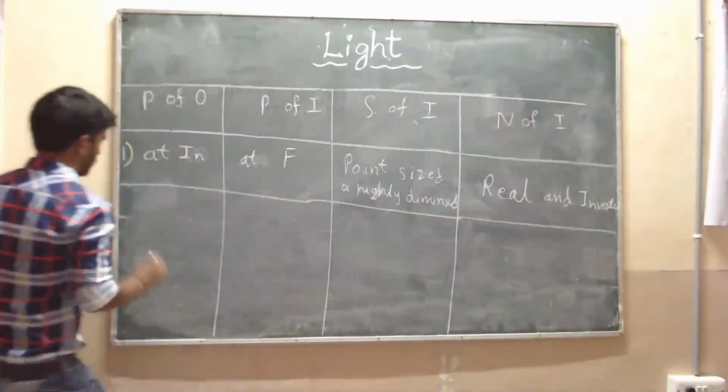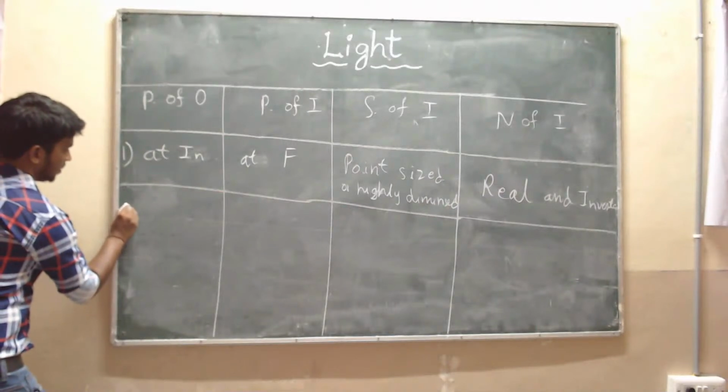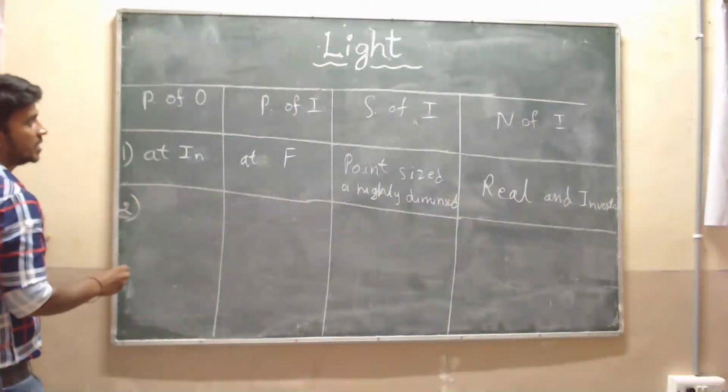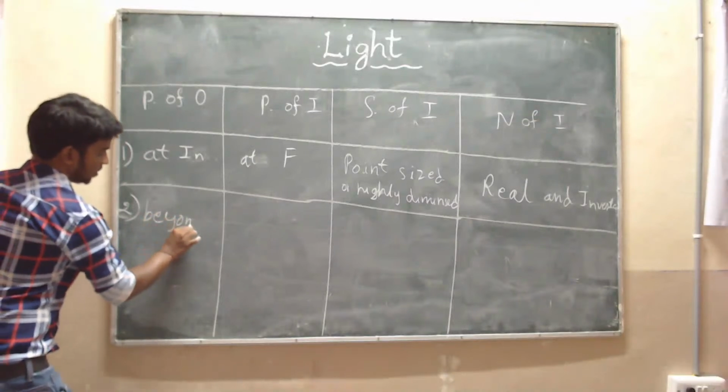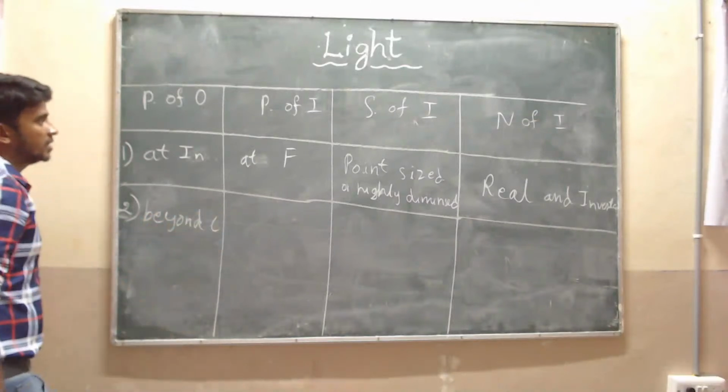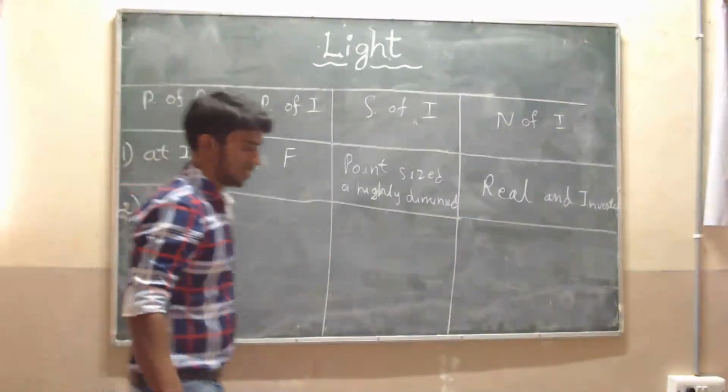Then second one. Where is the position of the object? We kept the object behind C. Then where is the position of the image?